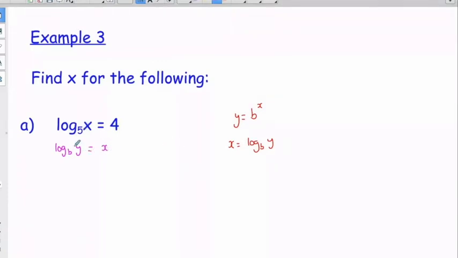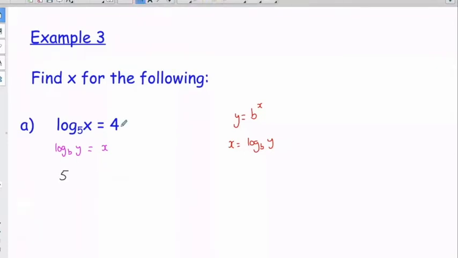So my 5 is my base, so that's going to be my big number. My y is my x, so that is going to be this number. No, it's not. That's going to be my power. See, I'm getting muddled up now because of the different use of the letters.